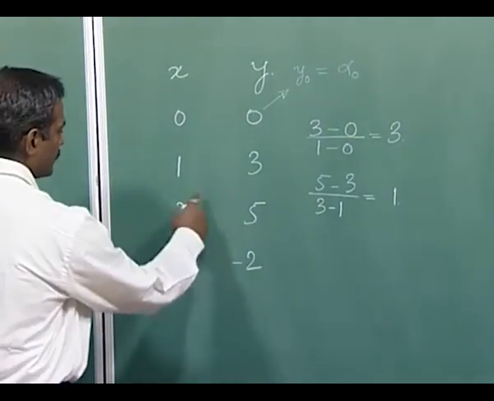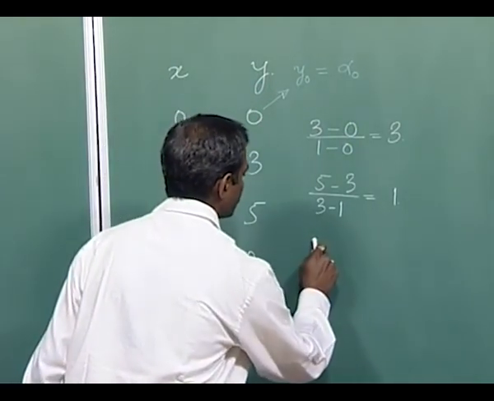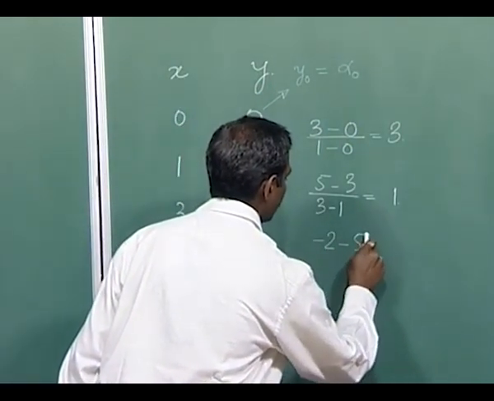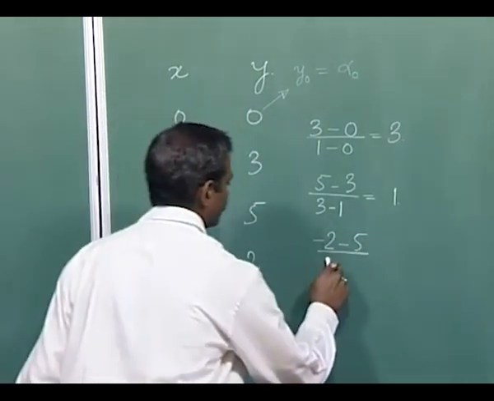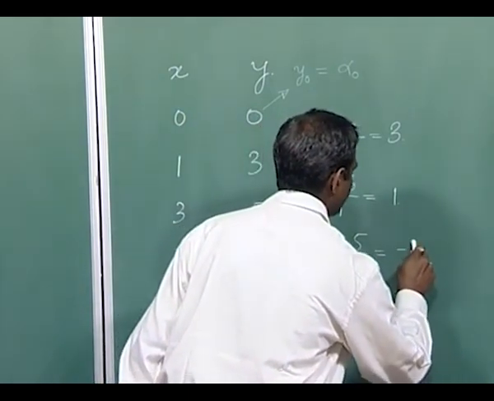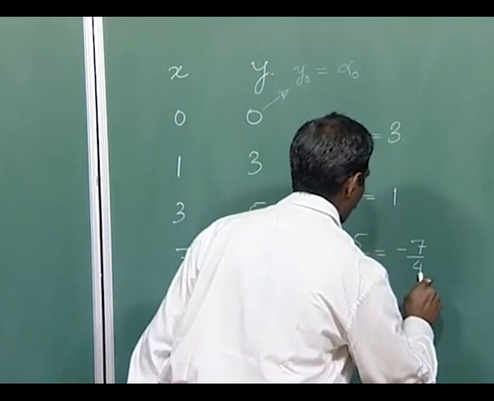Next, I use these four numbers here. The divided difference is minus 2 minus 5 over 7 minus 3, which is equal to minus 7 over 4.